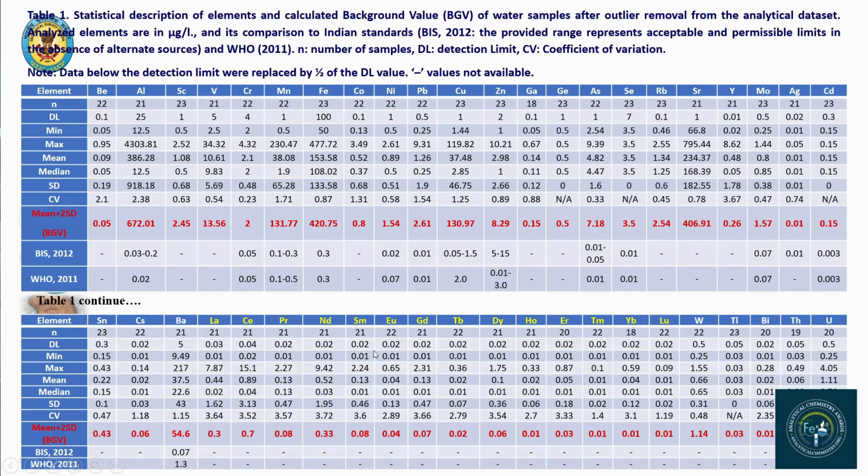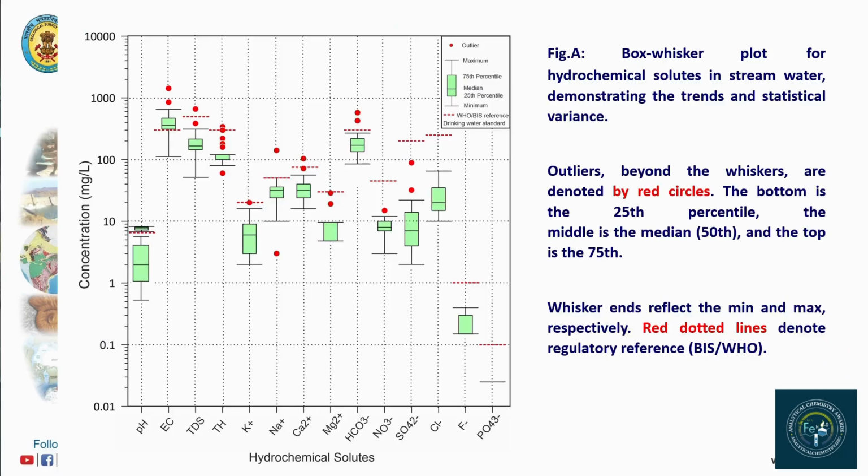And next, these are the statistical plots, box plots, where we can see the hydrochemical solutes of the pH, EC, TDS, TH, and sodium, potassium, calcium, and other anions. We can see the plottings. The outliers, where we can see the outliers, there is an EC, the two outliers are more than 1000.